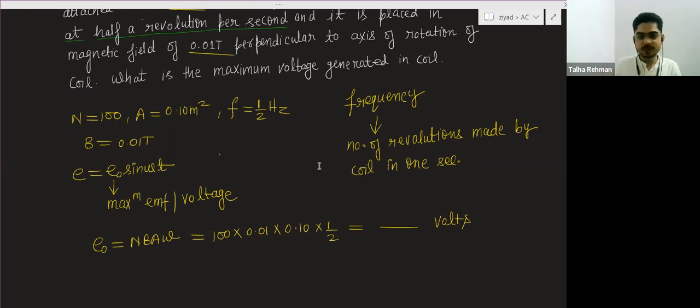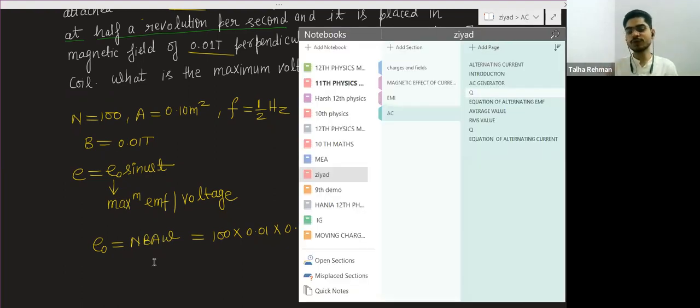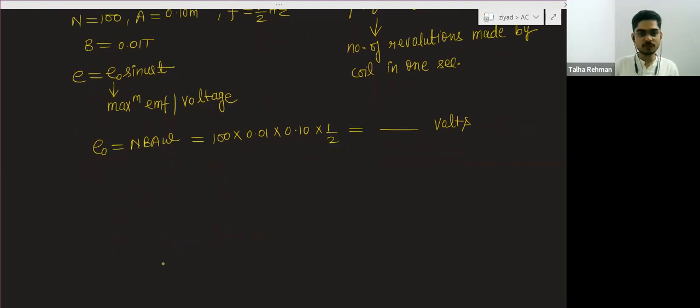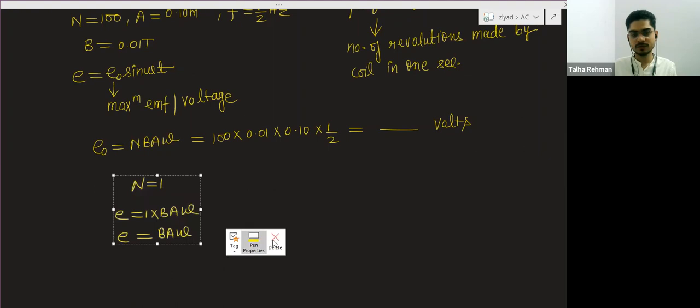One turn produces the EMF BA omega, and there are n turns in the coil. That's why we multiply by n here. If you put n equal to 1, then E is equal to 1 into BA omega, so this will be the EMF induced for one turn of the coil.